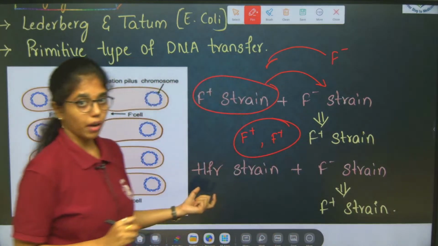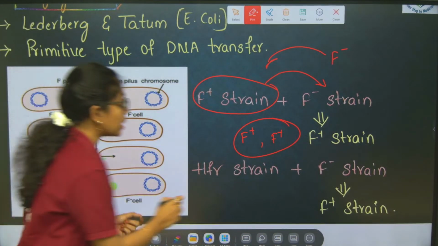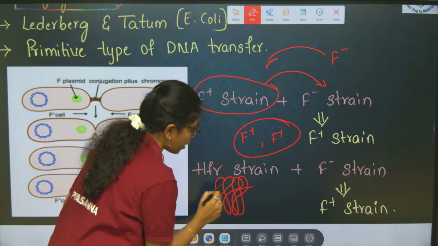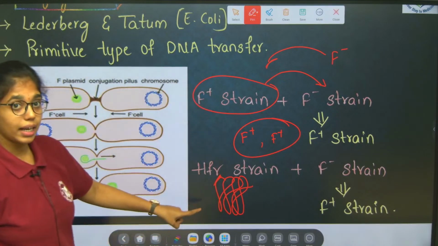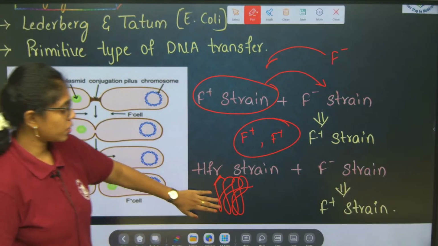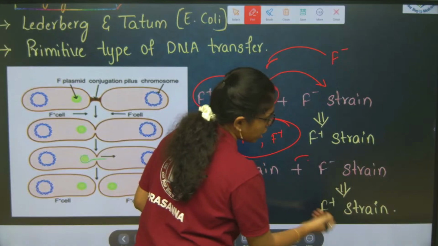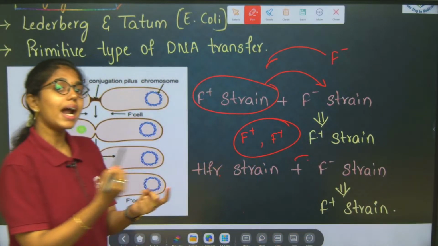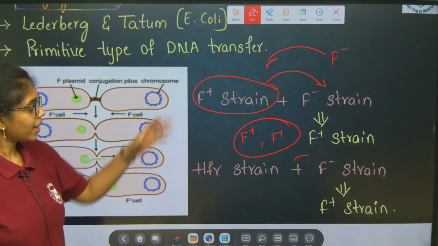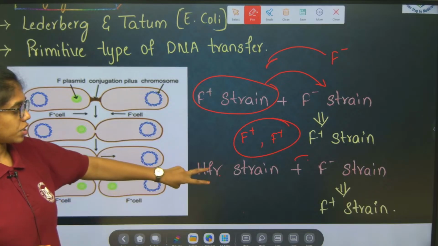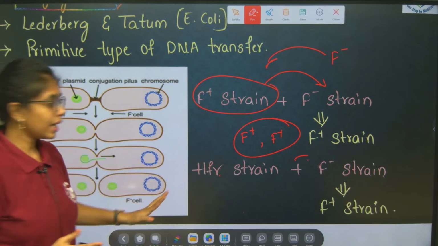Next, Hfr. If the F factor is present in the genomic DNA, then it is called an Hfr strain. When that F factor is transmitted to the F minus, the products we get are Hfr and F minus strain. Clear about these two, F plus and F minus, Hfr strain and F minus?